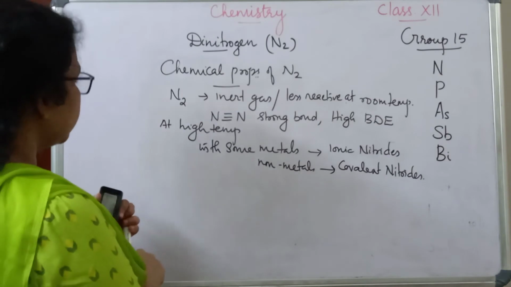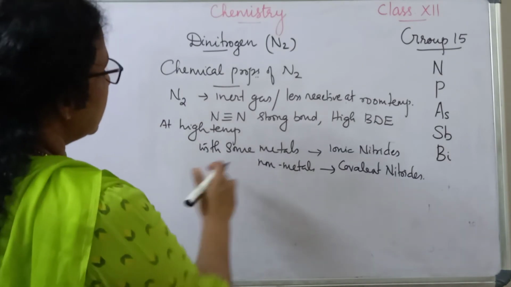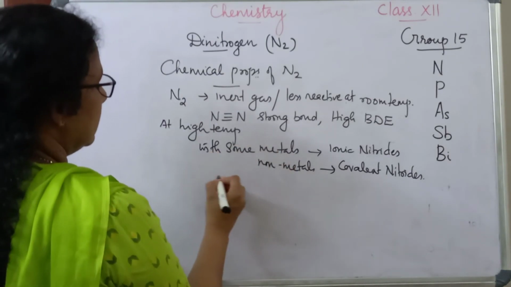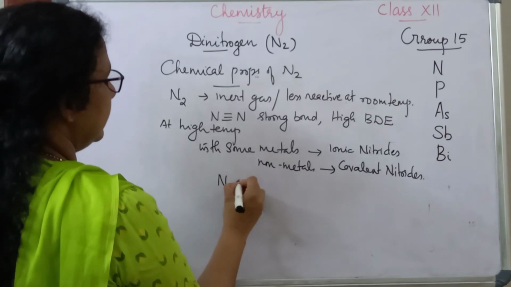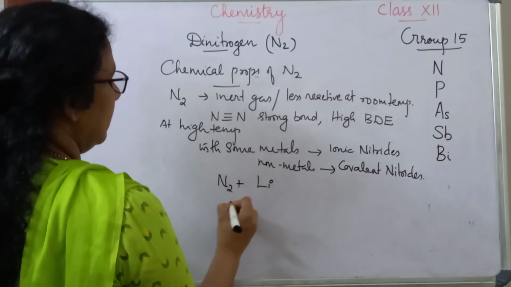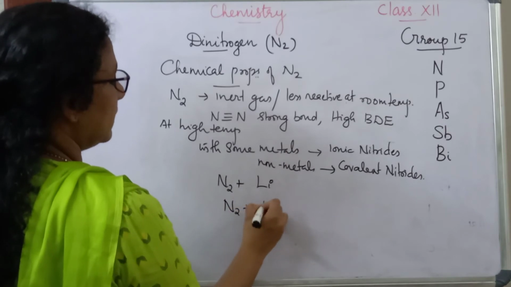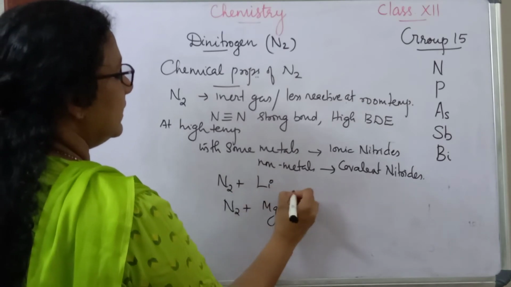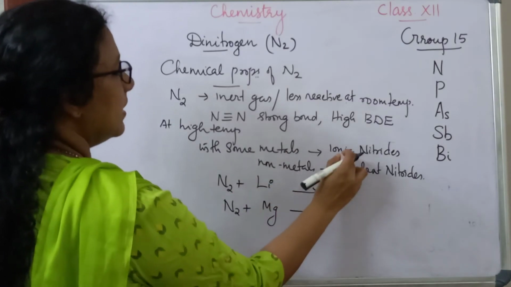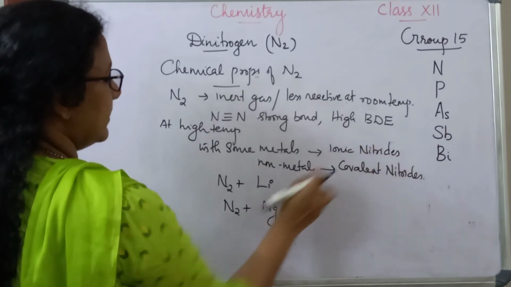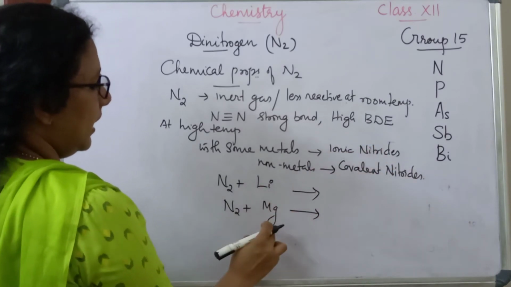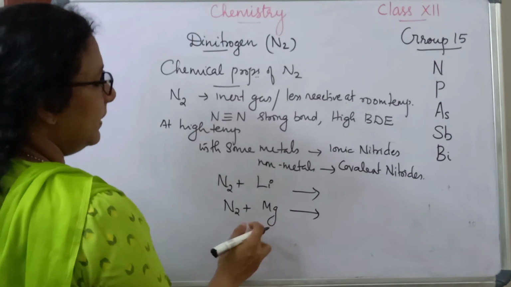So let us see the reaction between nitrogen and some metals. Nitrogen plus metals like lithium and magnesium gives ionic nitrides. So lithium nitride and magnesium nitride will be formed.